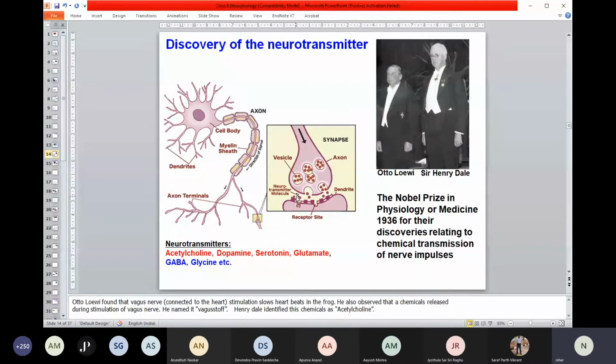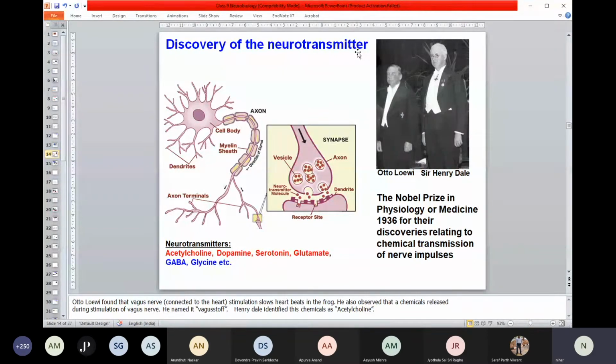There's a problem, right? These two people solved this problem and got the Nobel Prize in 1936. This is Otto Loewi. I don't have time to talk about his experiment, but some of you might be interested to see why it's so important: when he was a PhD student, he did something terribly wrong in an experiment, and this wrongdoing actually led to a landmark discovery.